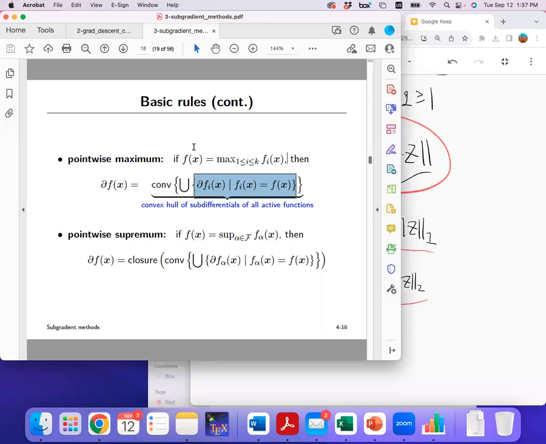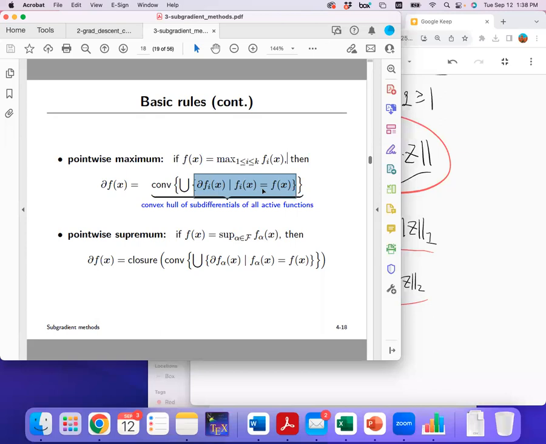Maybe some of them are smaller, some of them are higher. The ones that achieve the maximum value, we call the active functions. At this point, some of these functions are activated, meaning they happen to have the maximum value among all these different functions.